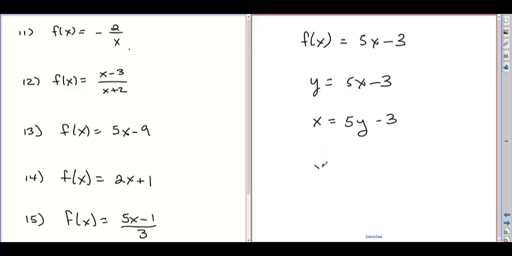Yep, add 3 to both sides. And divide both sides by 5. So there you go. You can see that one has a slope of 5, the other one has a slope of 1/5.